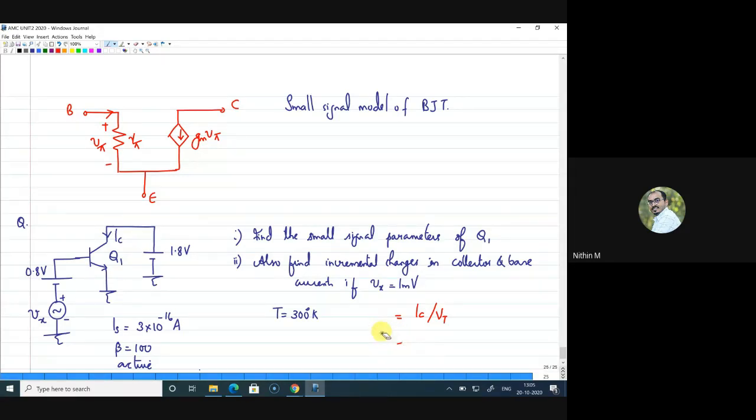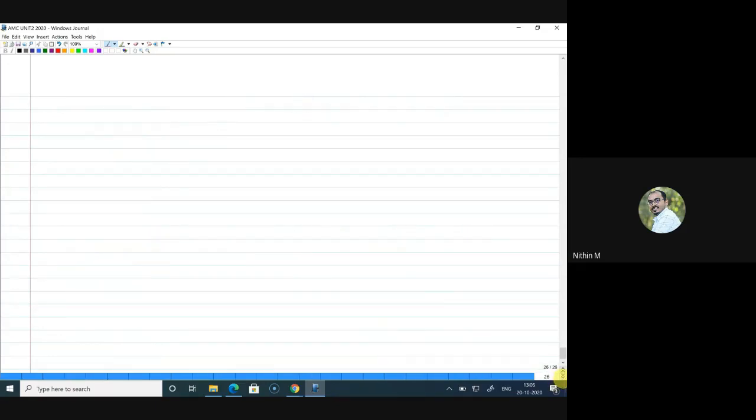Let me just list out the values I need here to do the evaluation. One is IC. I need to know what is IC. With IC, I can actually find GM. Now I can find R pi.